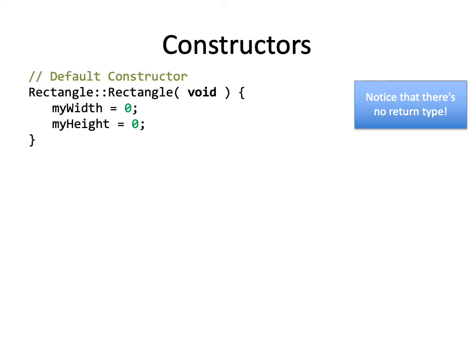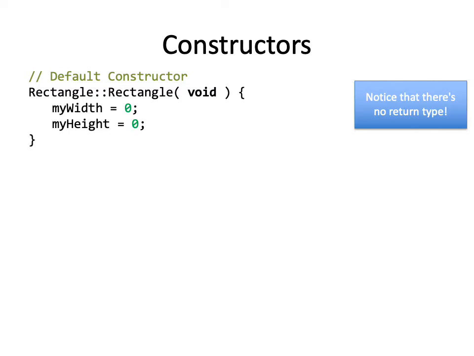A constructor doesn't have to have a return type because it's not returning anything. Its job is not to return anything, void or otherwise. What it's doing instead is building an object. It's constructing a rectangle in our case. Okay, so that's what's going on with the syntax.